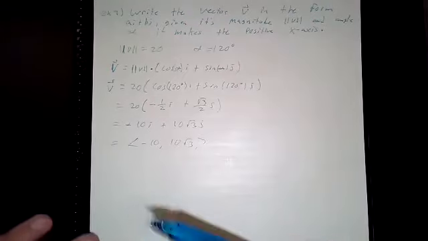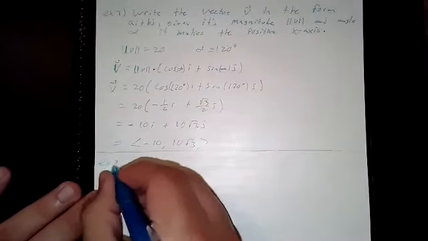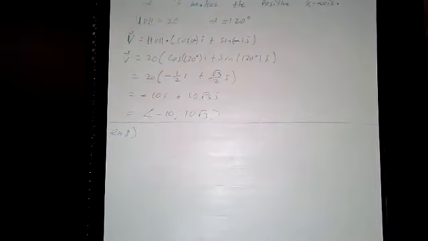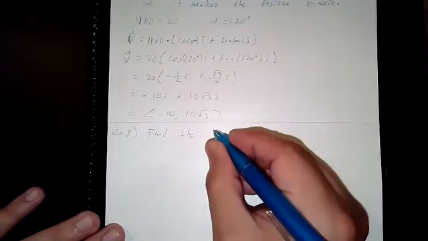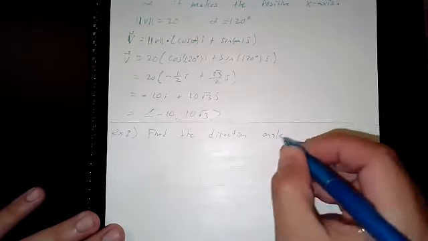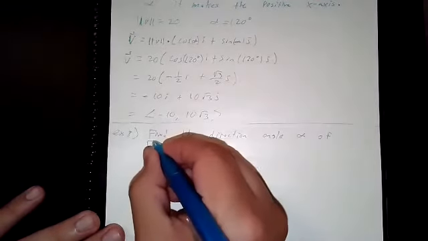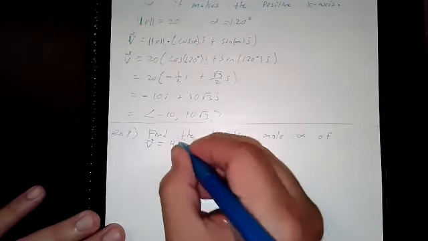All right. So now let's do an example where we find the actual direction given a vector. Find the direction angle alpha of the vector v, 4i minus 4j.